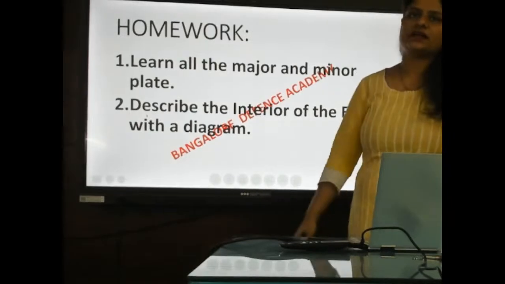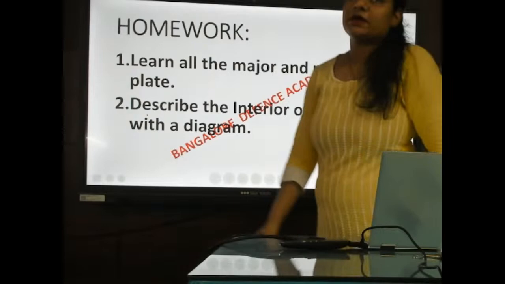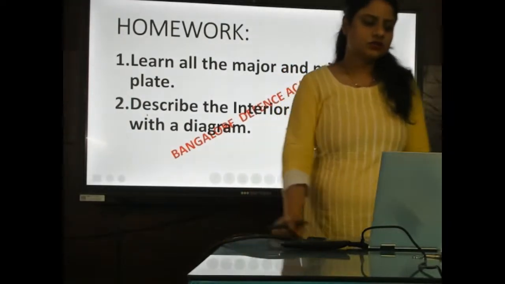You can draw the interior and exterior in your notebook. Then what are some major and minor plates? Revise this chapter properly so that you will not forget all these things.